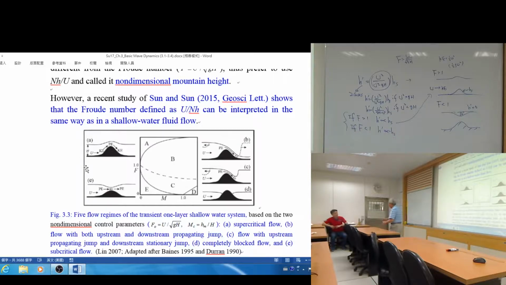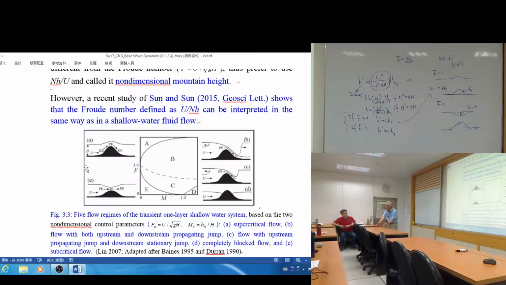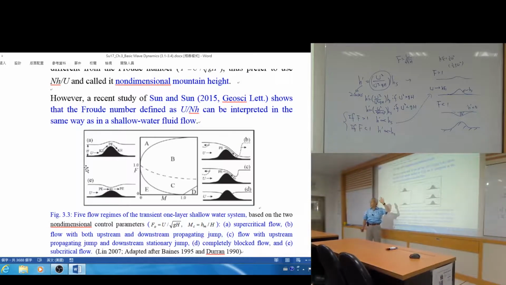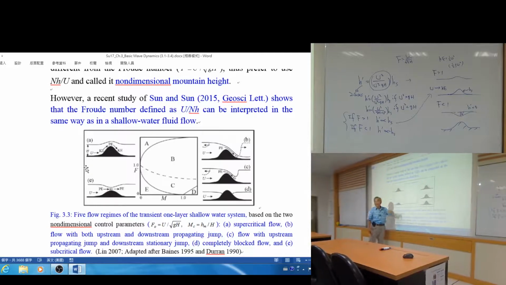Just like if you're climbing up here, you have to increase the potential energy, so part of the energy comes from the kinetic energy. This basic flow has enough energy to climb over. You still have the kinetic energy, but part of the energy becomes potential energy, and then coming down, you convert back to kinetic energy. So that makes sense.